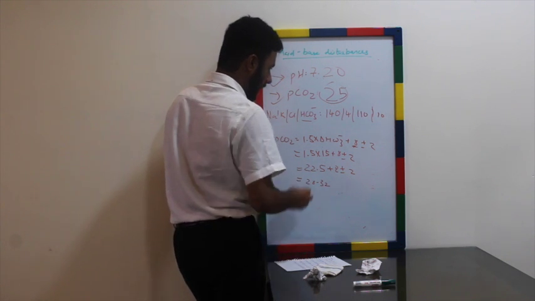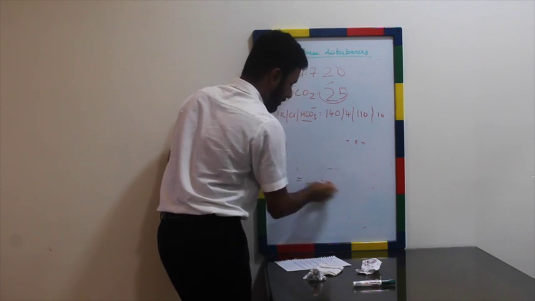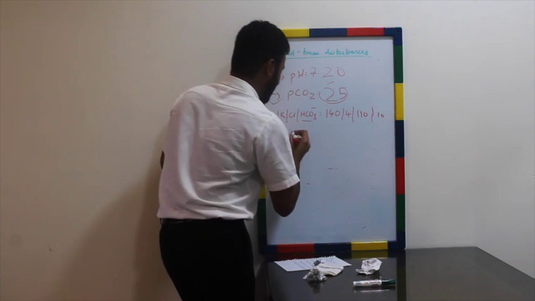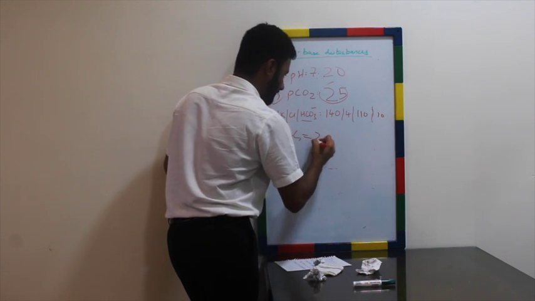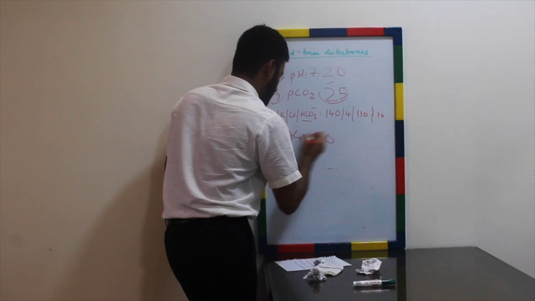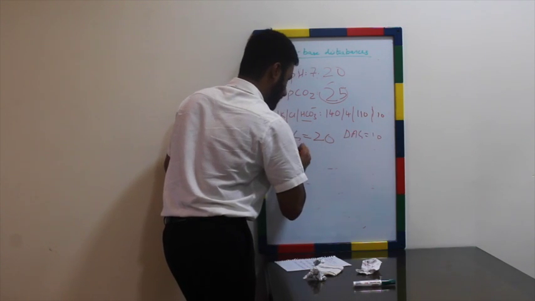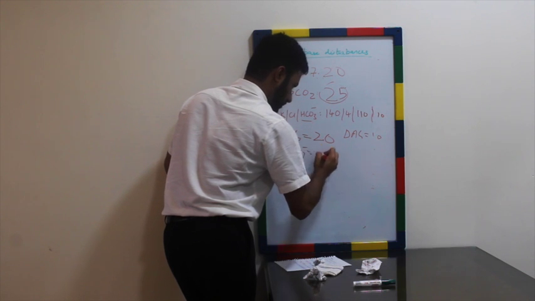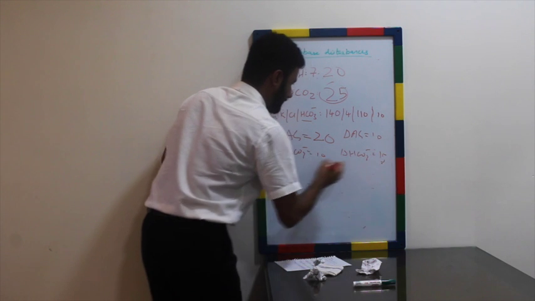Now this metabolic acidosis, just see the anion gap. So the anion gap now is 20. The delta anion gap is 10. The bicarb is 10. Delta bicarb is 15.